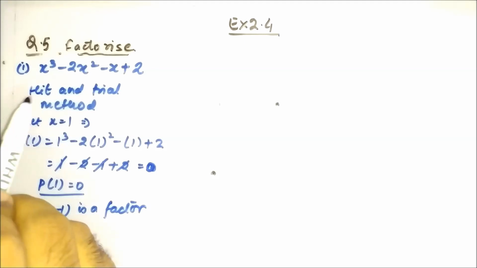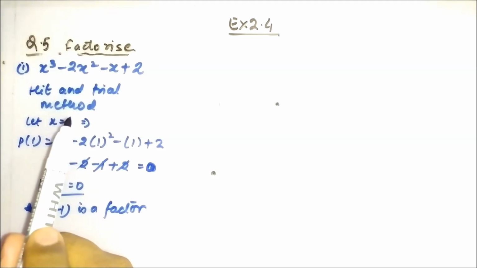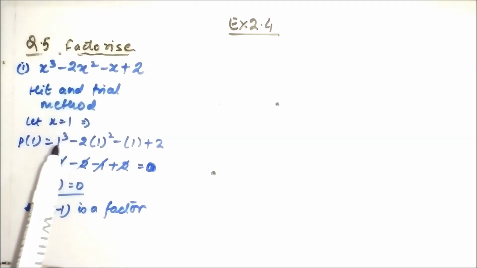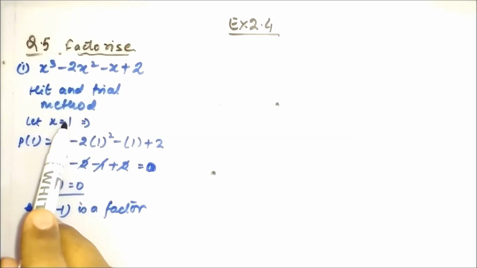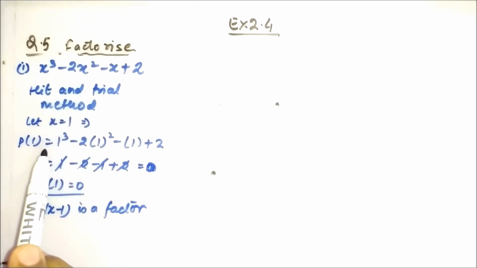Okay. So first is hit and trial method, where we have taken any value of x what you want. Our motive is to get the value of the polynomial as 0 for that value of x. Okay, you can take minus 1, you can take 2, you can take 3. You just try till you get the value of the polynomial as 0.